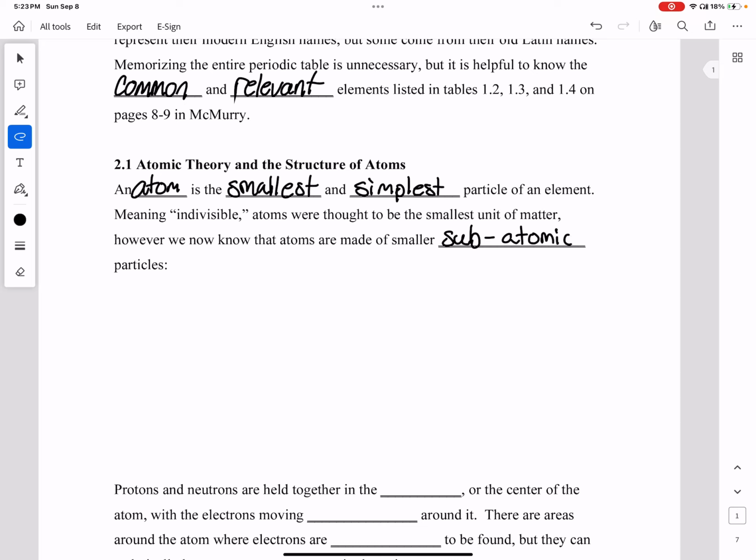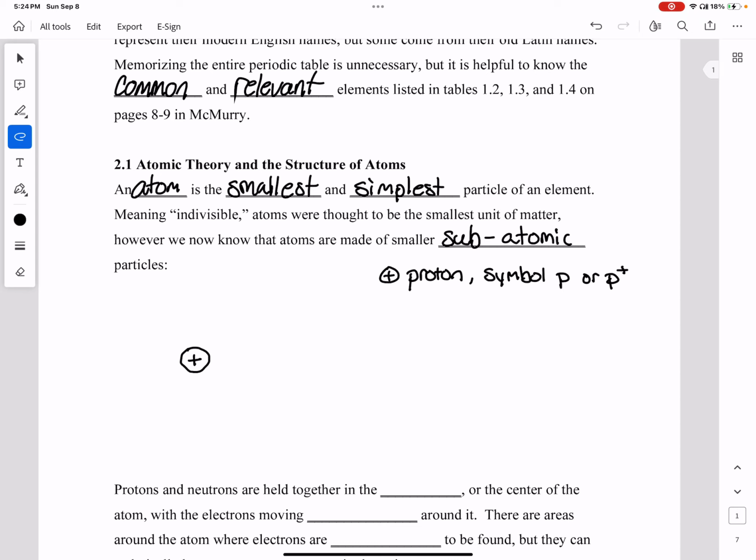So let's draw a picture of that. One subatomic particle is a proton. We'll symbolize it with a plus sign there. And a proton symbol is just a lowercase p, or sometimes you'll see p plus to indicate the charge.